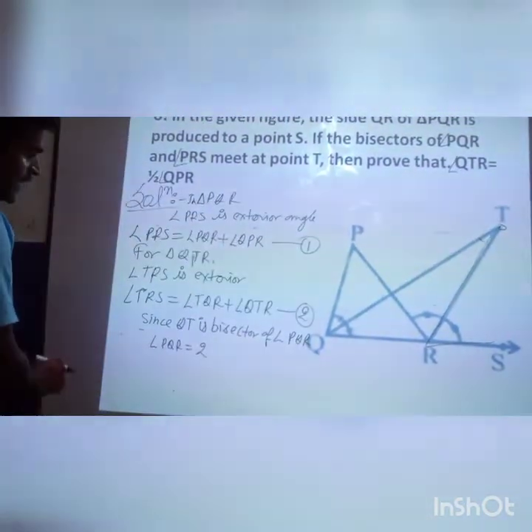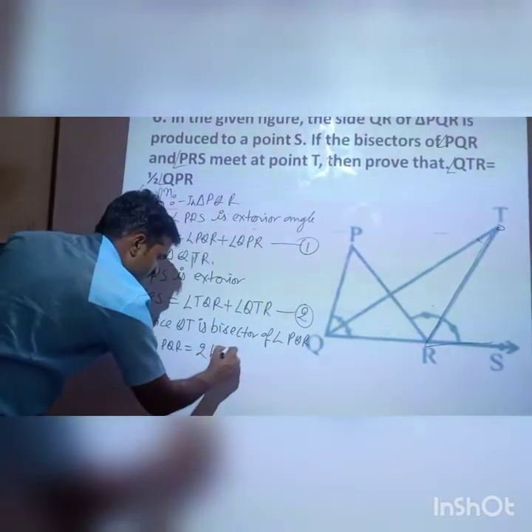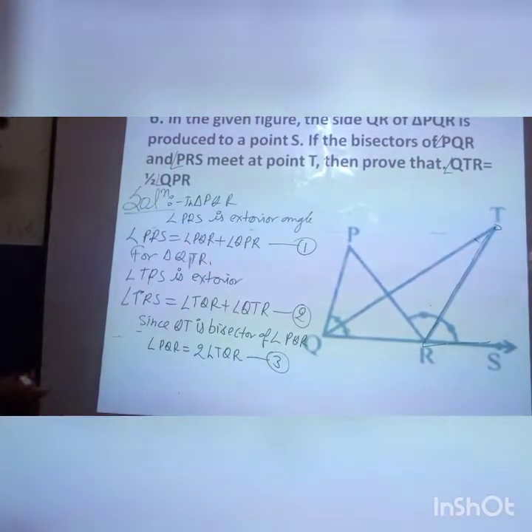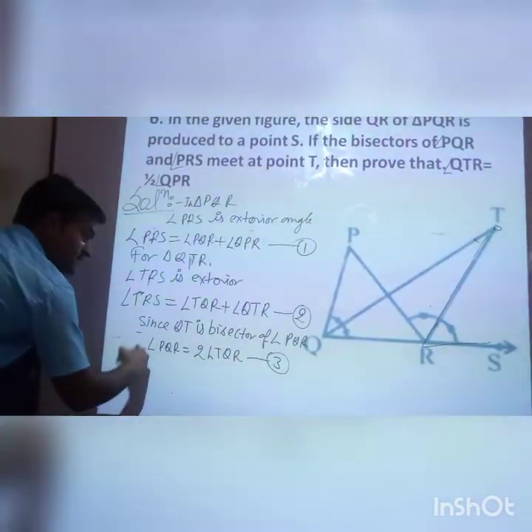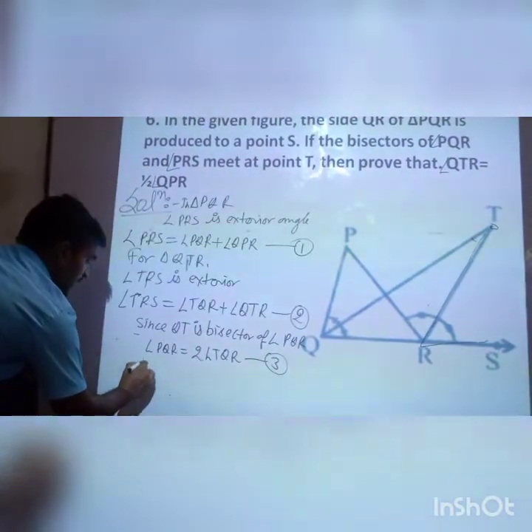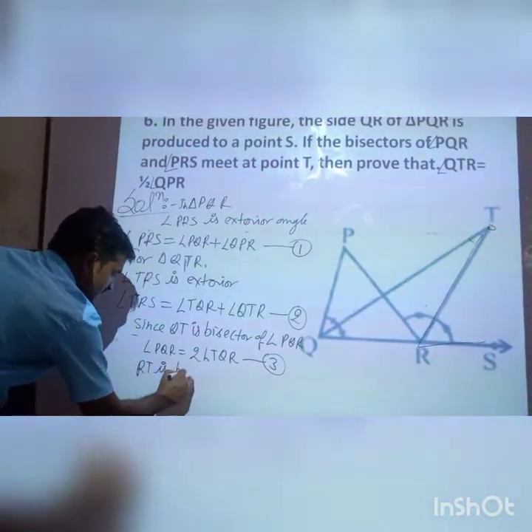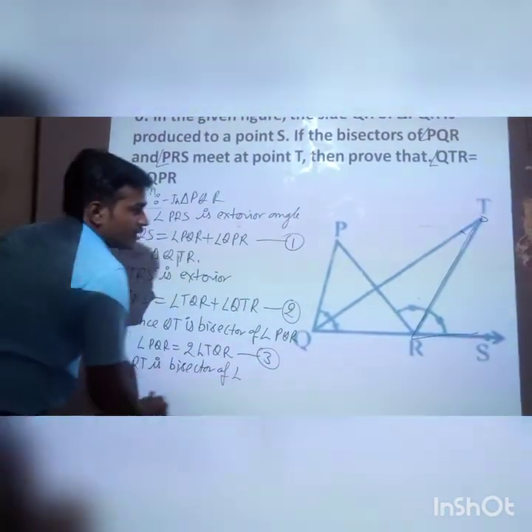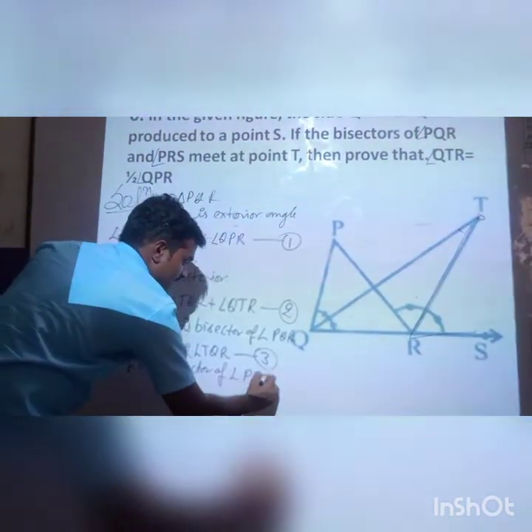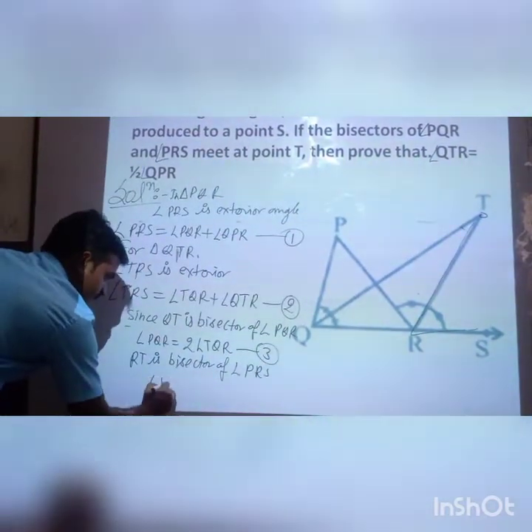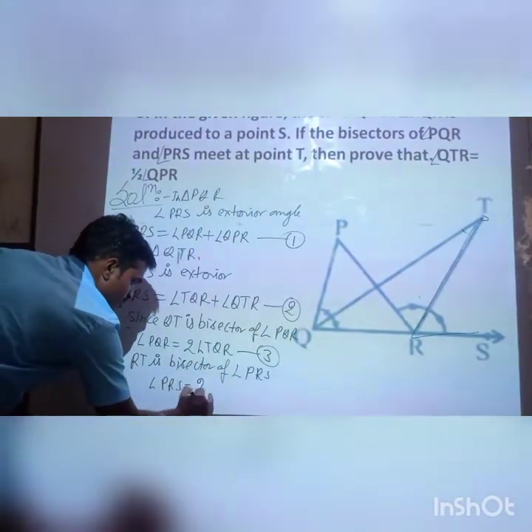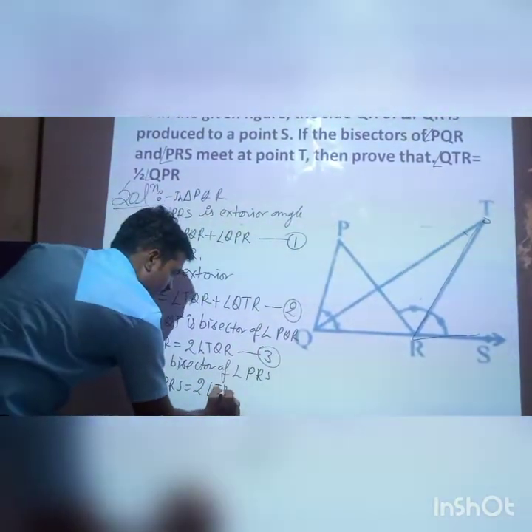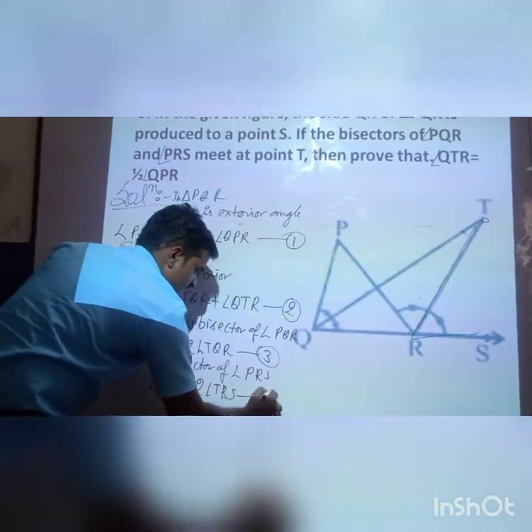This is equation number 3. Similarly, RT is also the bisector of angle PRS, so angle PRS is equal to twice of angle TRS. This is equation number 4.